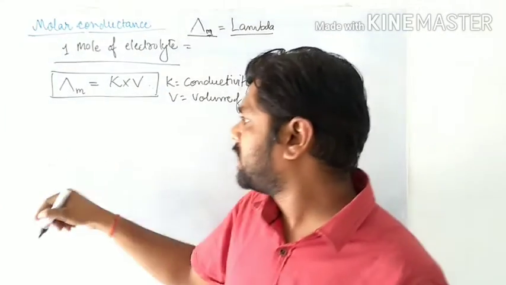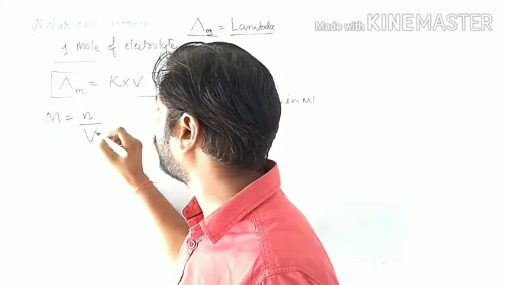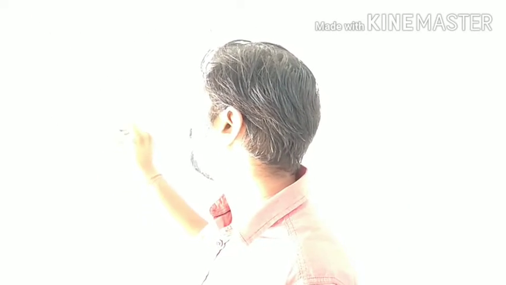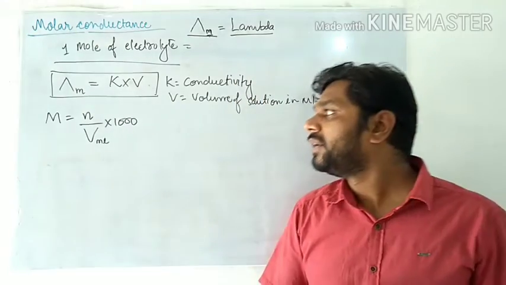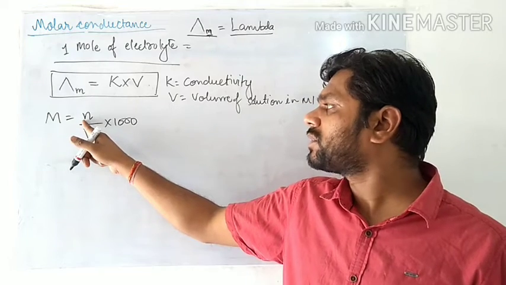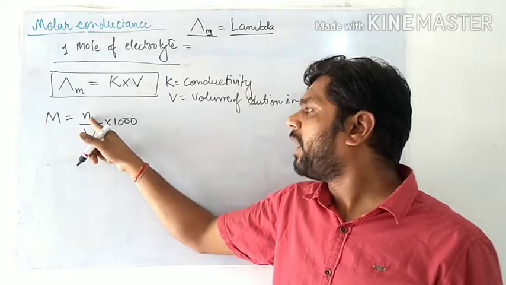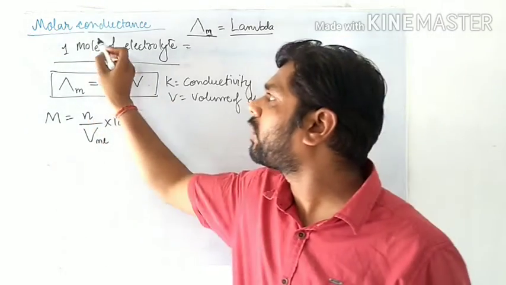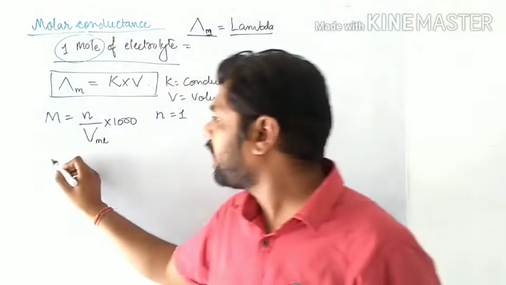So how is it related to molarity? We will see this. We know that molarity of a solution is the number of moles over the volume of solution per liter. If the volume is given in ml, we multiply by 1000. Here we are taking 1 mole of electrolyte, so the number of moles is 1, and M is equal to 1 upon V multiplied by 1000.